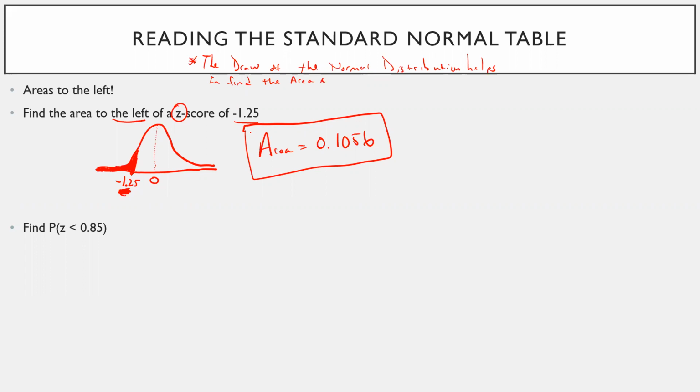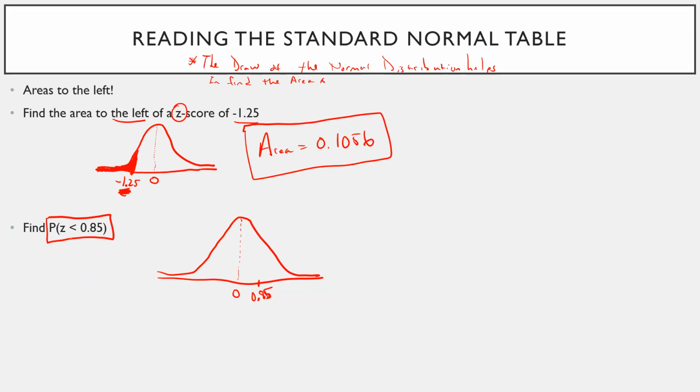All right. Sometimes these problems will be written as probability statements. So now I want to find the probability that a z-score is less than 0.85. You're going to draw a standard normal curve centered at 0. Notice this is positive, so 0.85 is over here on the positive side.